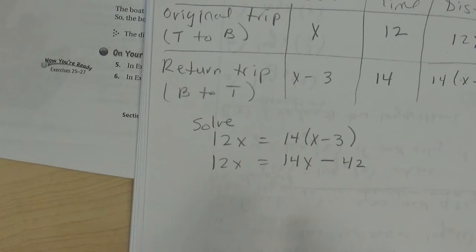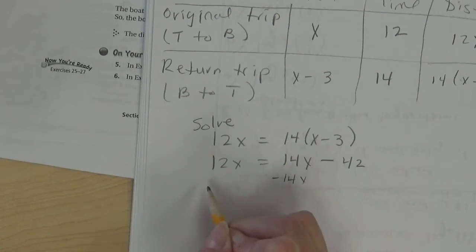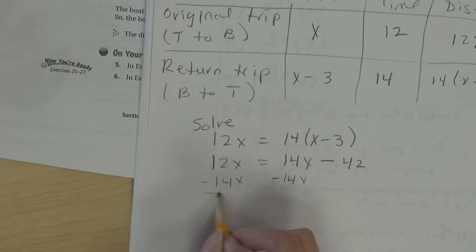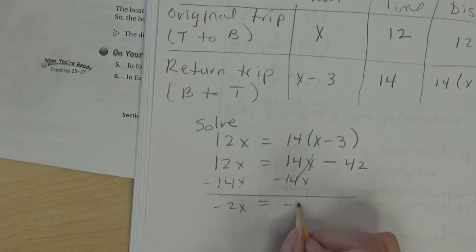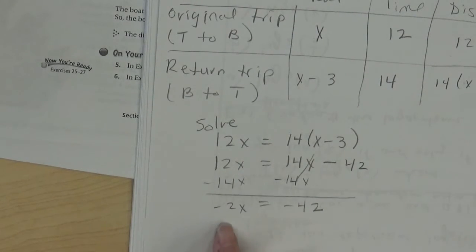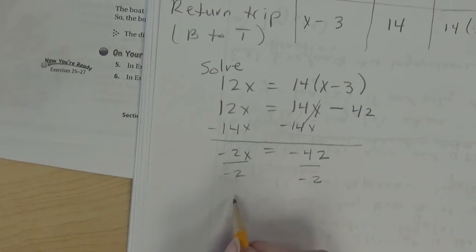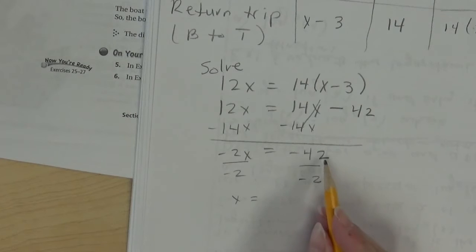I can subtract 14x on both sides, so I have negative 2x equals negative 42. Then I can divide both sides by negative 2, and that gives me 1x equals positive 21.